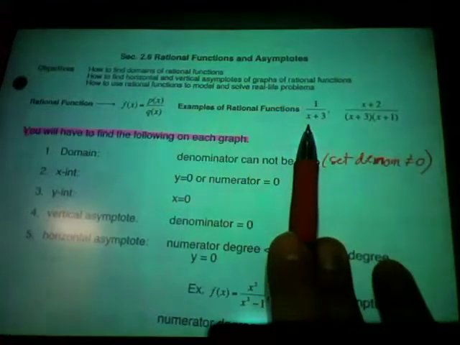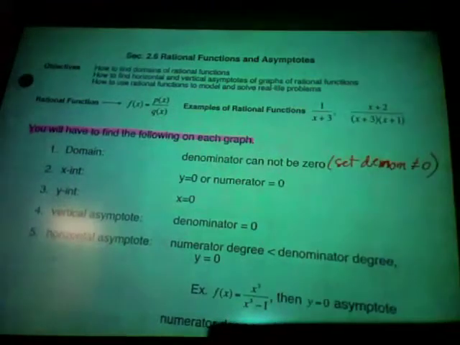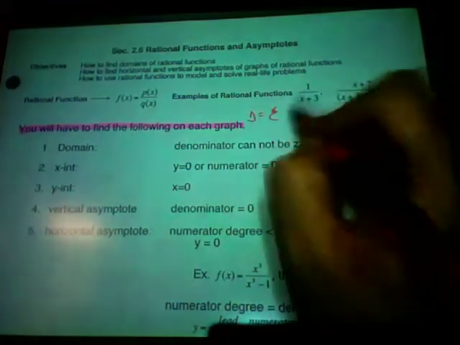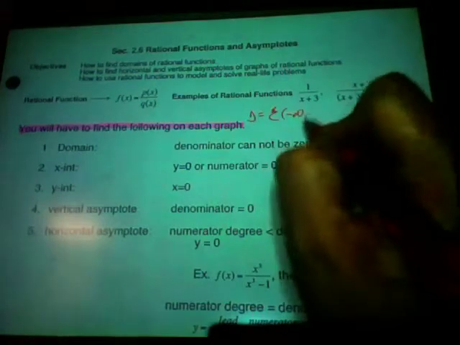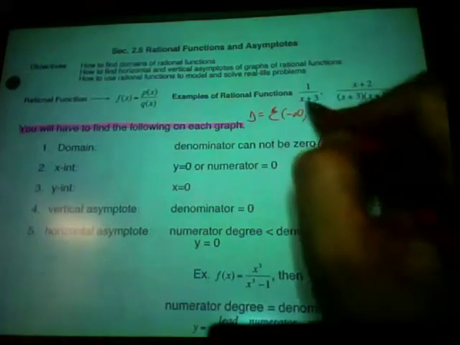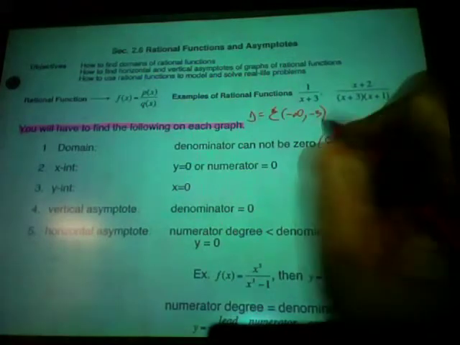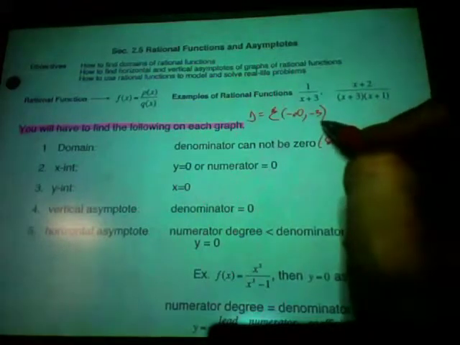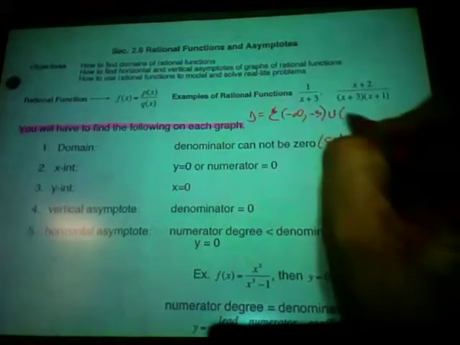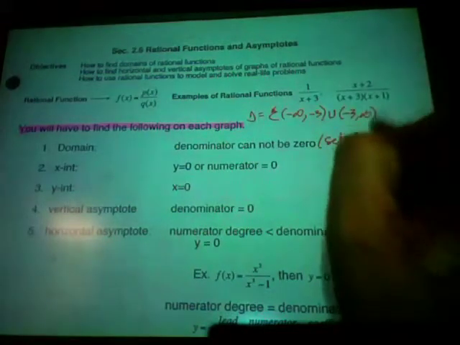Anything but negative 3. How do you show that in interval notation? So your domain would equal negative infinity to what? To negative 3. And we put a parentheses, right? Because it cannot equal negative 3. And then a union, negative 3 to positive infinity.